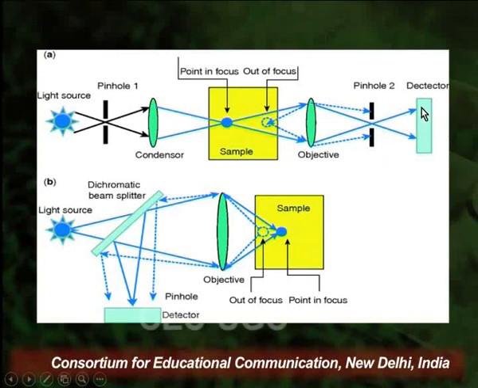So whatever image is captured by the detector happens to be a very sharp image, and multiple such sharp images at different planes are superimposed to create a very contrasting and a very clear picture.